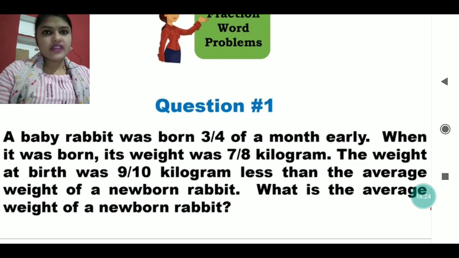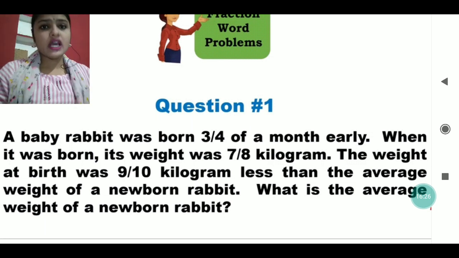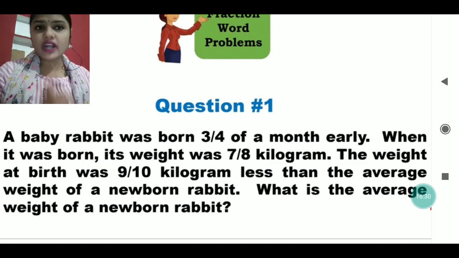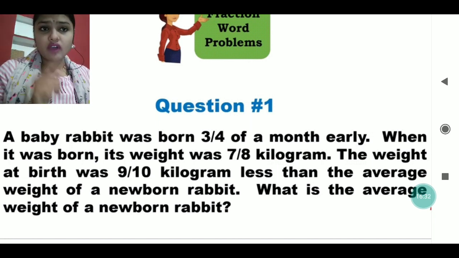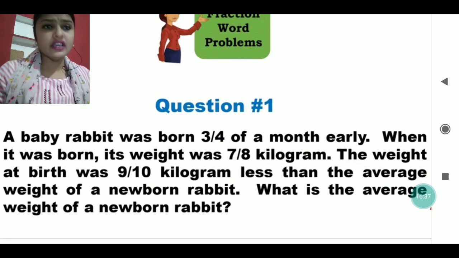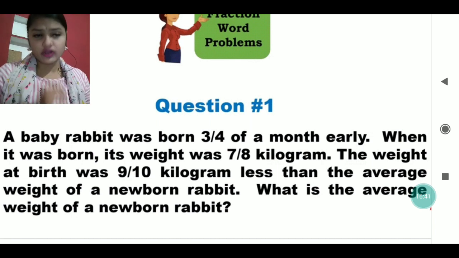Just see, again I am with one more question. A baby rabbit was born. There is a baby rabbit and he was born 3 by 4 of a month early. When it was born, its weight was 7 by 8 kilogram.